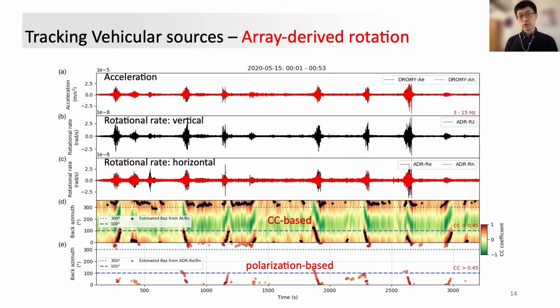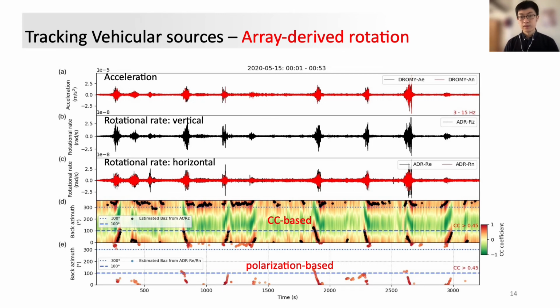As rotational motions are essentially the spatial gradients of translational motions, we can therefore calculate them indirectly from a small seismic array. Regardless of its band-limited accuracy, array-derived rotation provides an independent way of validating rotational motions directly recorded by rotational sensors.